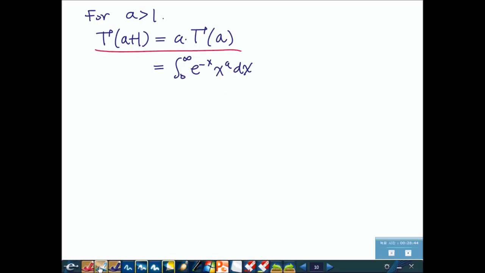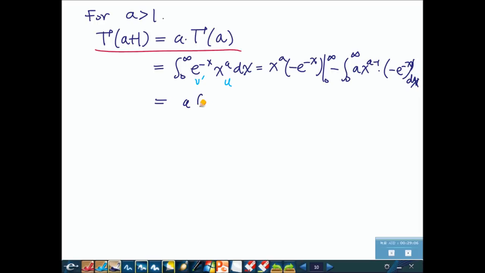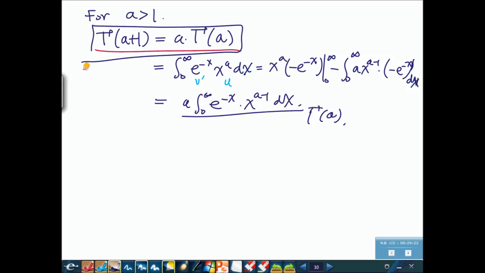And integration by parts, u v prime: uv is x to the a times e to the minus x from 0 to infinity, minus the integral from 0 to infinity of u prime v, a times x to the a minus 1 times minus e to the minus x dx. That's a times the integral from 0 to infinity of e to the minus x times x to the a minus 1 dx, which is gamma of a. Okay? So this is just a calculation based on the definition. That's a very important property.